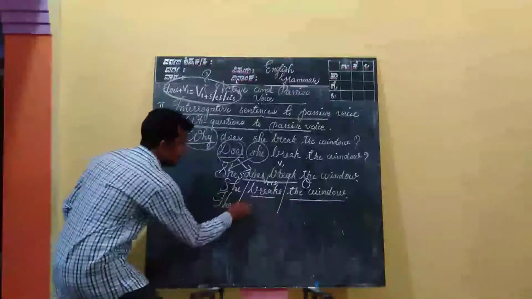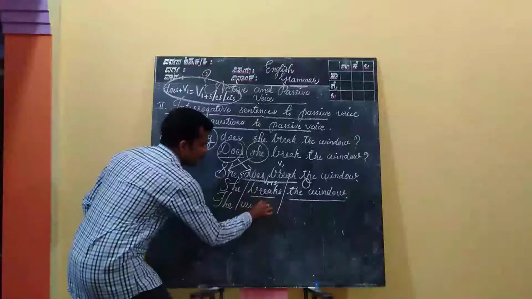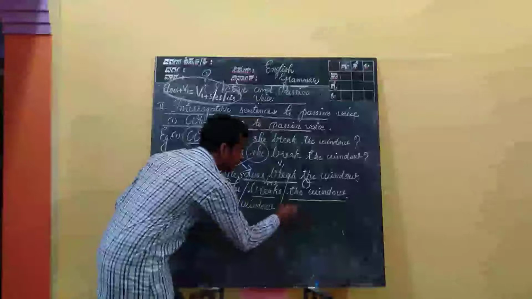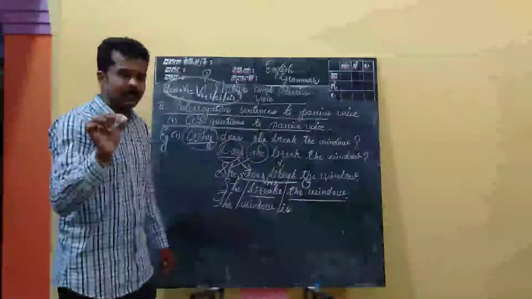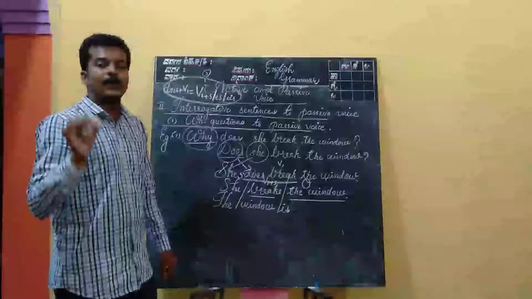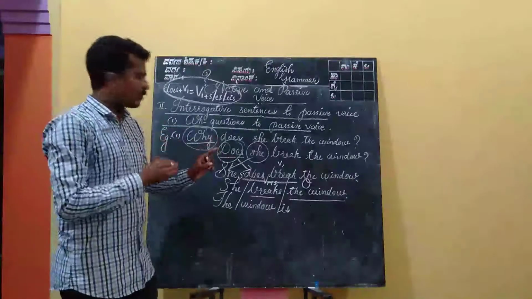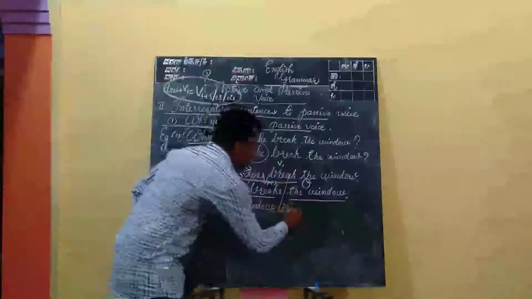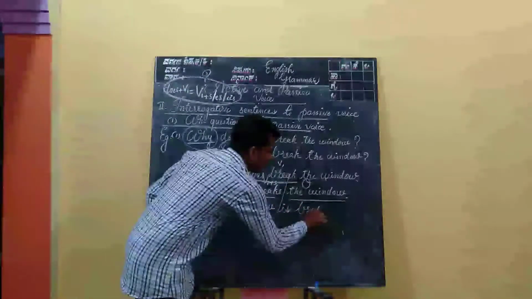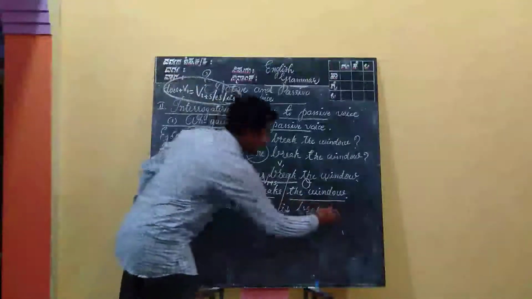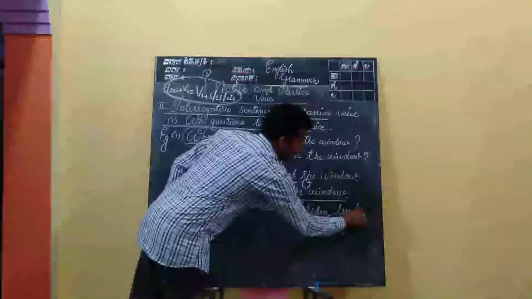The object is the window. The window is singular, so we can use the helping verb is. And what is next? What is mandatory? V3 form is mandatory in passive voice. So V3 form of break is broken. The window is broken by, and she becomes her.